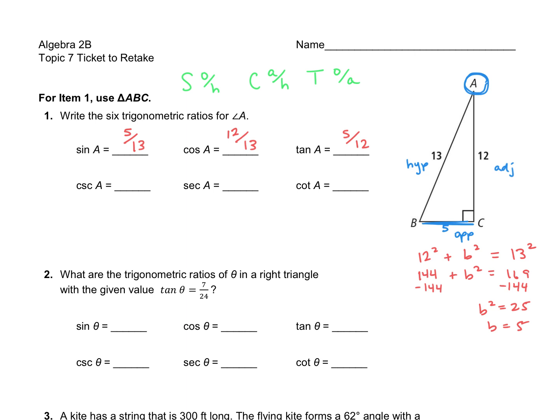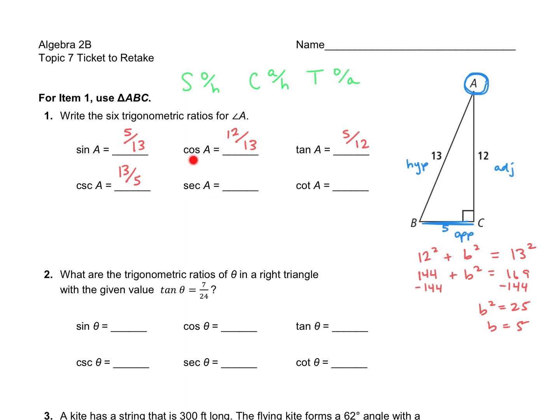And then we learned about our three new trig functions. These are our reciprocal trig functions to sine, cosine, and tangent. So all we have to do is find the reciprocals of these trig ratios for our three new trig functions. So cosecant of angle A will be the reciprocal of sine. So sine and cosecant, we want to link those together in our brain. So if sine is 5 over 13, cosecant will be 13 over 5, just the reciprocal.